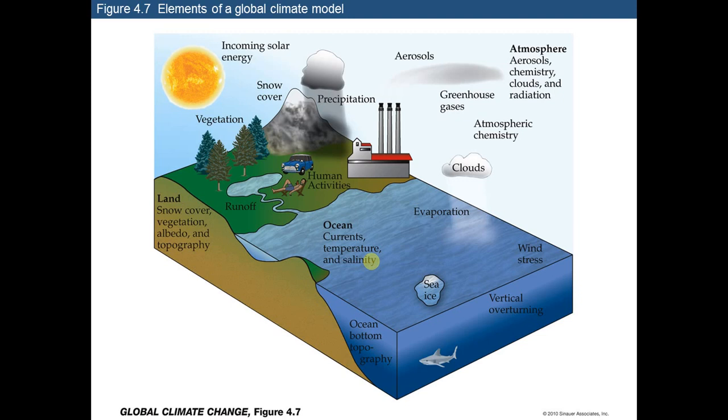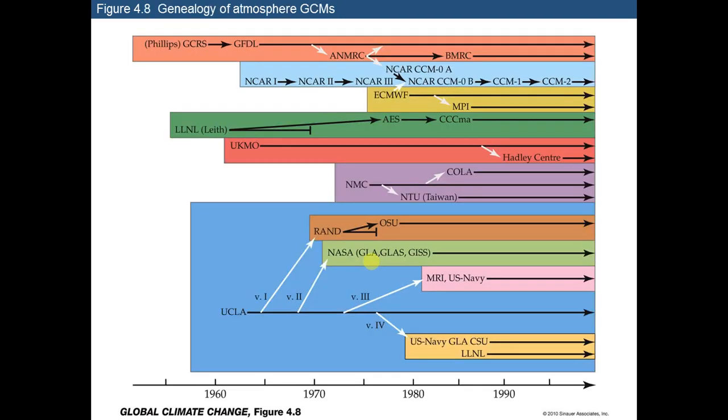Now, how old are global climate models? Let's look at a brief history of them. You're not going to need to know all these different acronyms and abbreviations, but this is given to show you when the climate models began, how they evolved, and different agencies that have climate models.